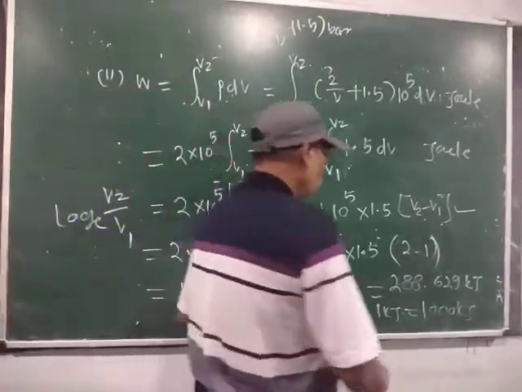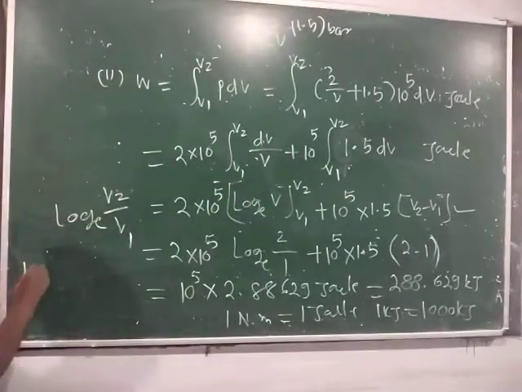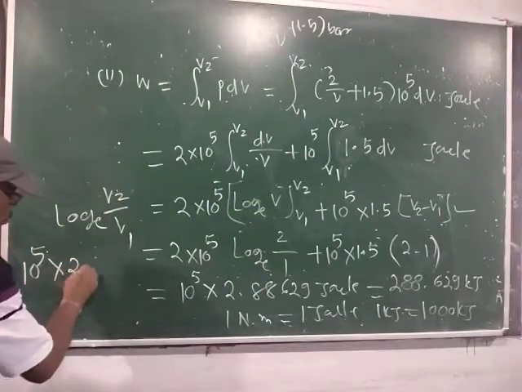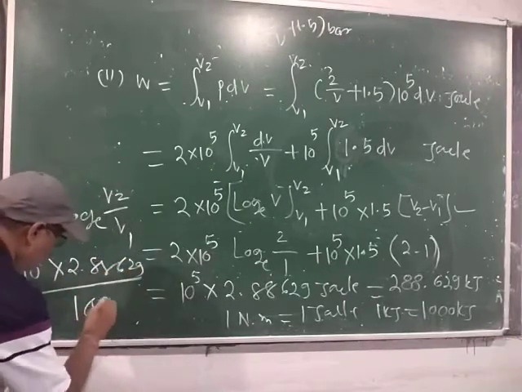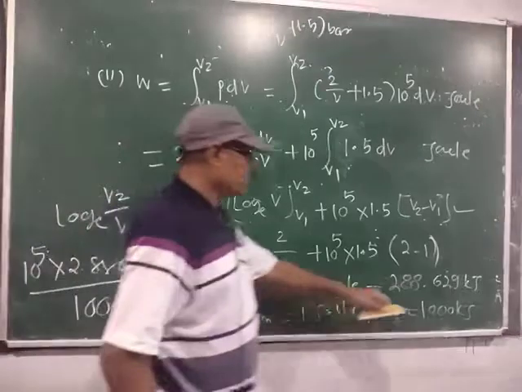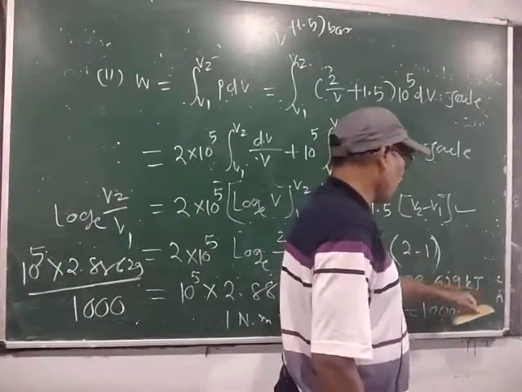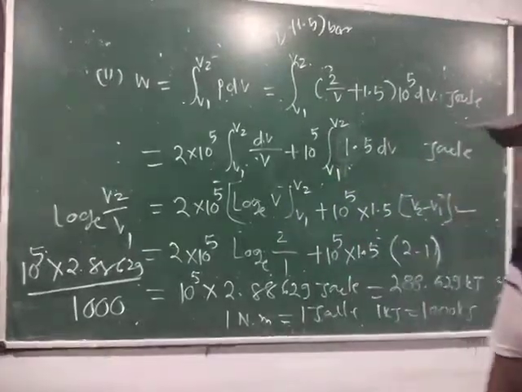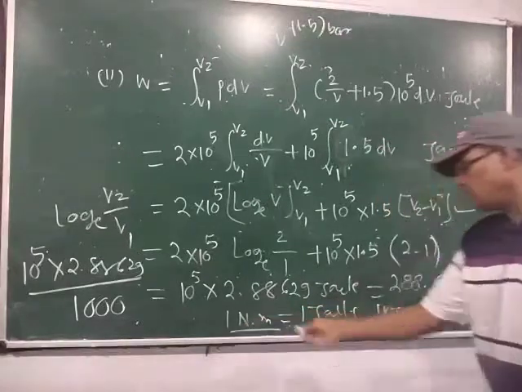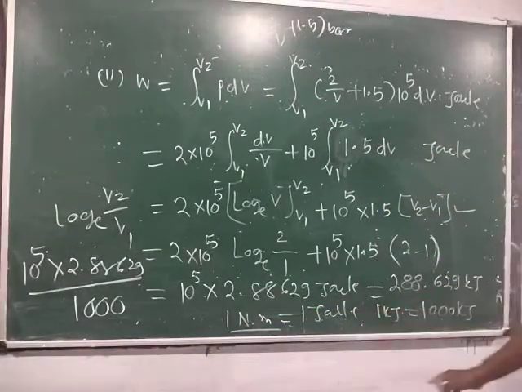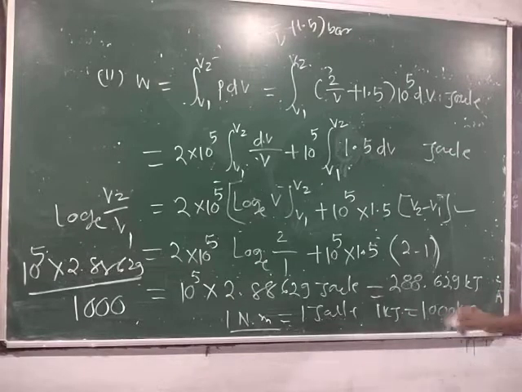How much is that in kilojoule? Therefore 10 to the power 5 into 2.88629 divided by 1000 is equal to 288.629 kilojoule, because 1 Newton meter is equal to 1 joule, and 1 kilojoule is equal to 1000 joule.